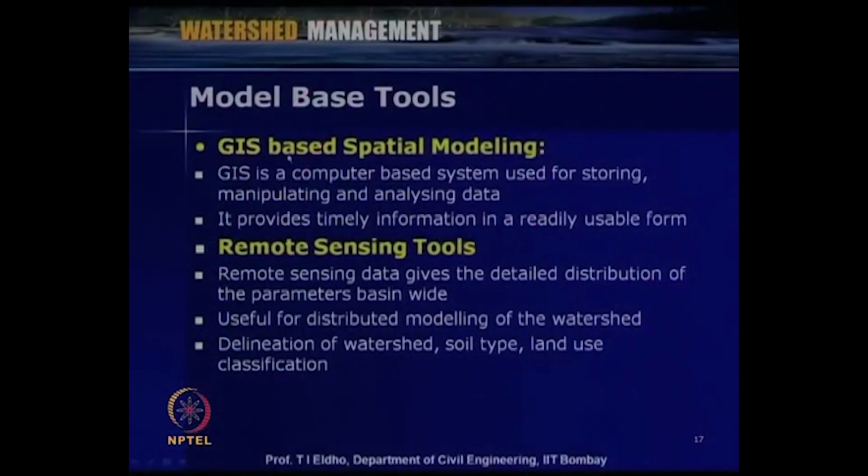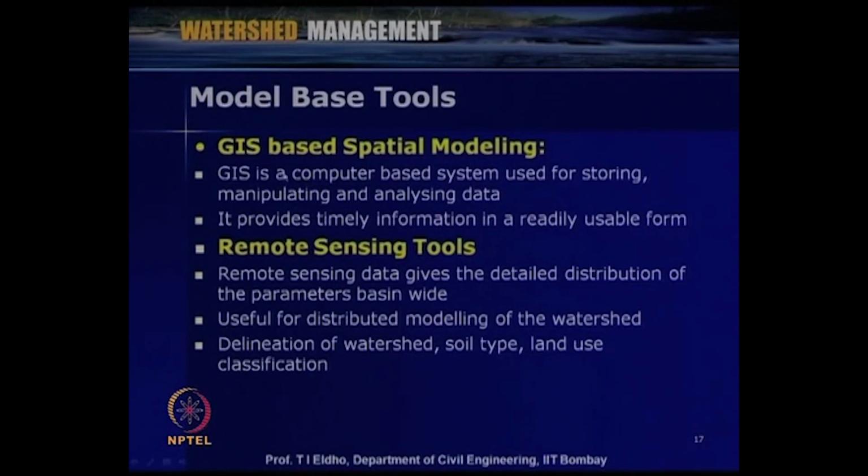We can use these techniques as a simulating tool, and that can also be a part of the decision support systems. Then when we are going for spatial modeling, geographic information systems, as I already mentioned earlier, GIS based systems we can utilize.